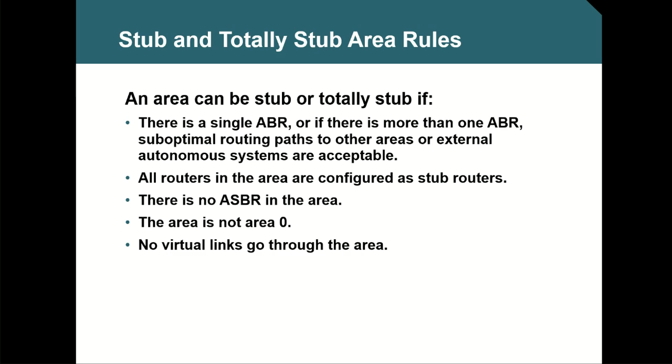Thirdly, you cannot have an ASBR in that area. Fourth, area 0 cannot be configured as stub area because it is a transit. And at last, you cannot have a virtual link passing through the area. Do you have any question on these things? That's great.